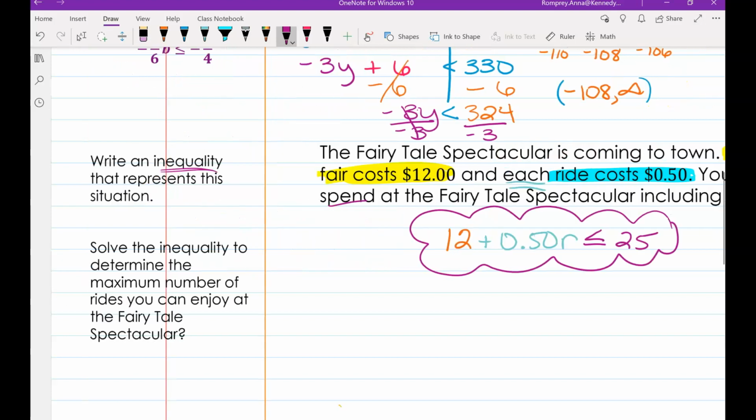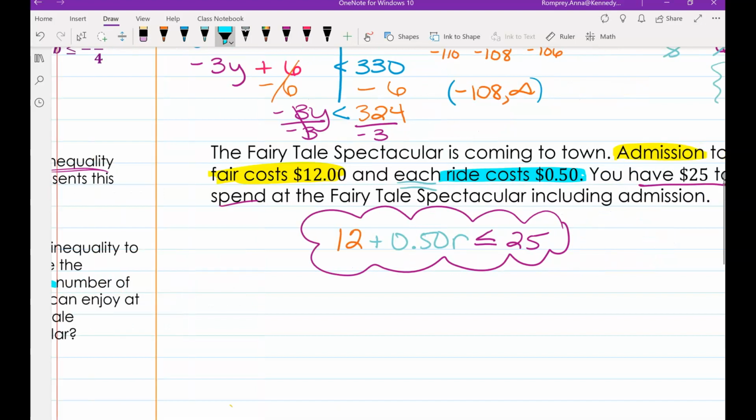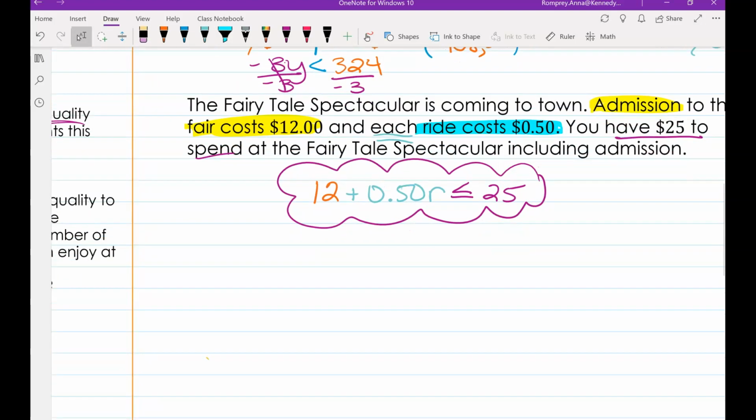All right, I think there was something else. It says solve the inequality to determine the maximum number. Ooh, I like this. Maximum number of rides we can enjoy at Fairy Tale Spectacular. So if we want to find the maximum number of rides, who are we solving for? We're solving for R. So we have 12 plus 50 cents per ride, so times R. We need to undo a positive 12.